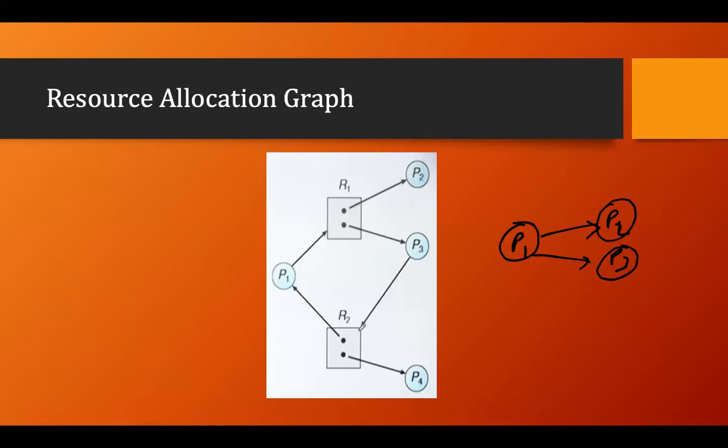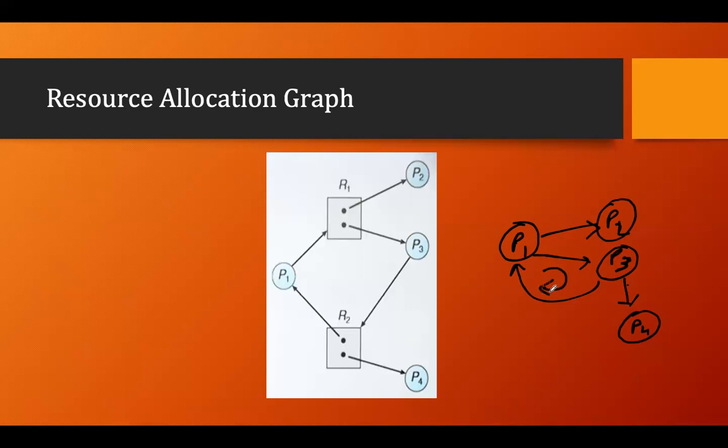P3 is waiting for R2 and R2 is allocated to P2. P3 is waiting for P1 as well as it is waiting for P4. Now in this particular scenario, as you can see, we have a cycle.